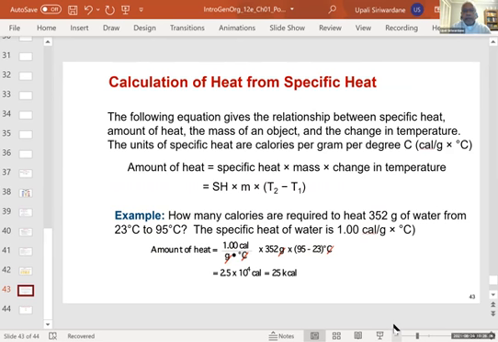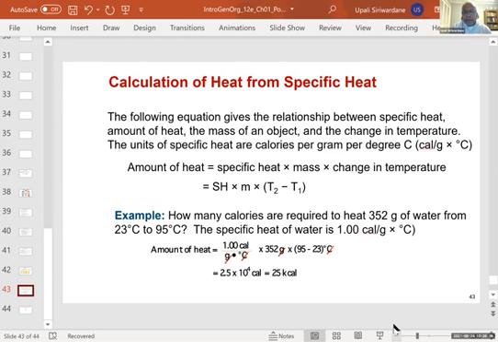Now you need to calculate heat absorbed or released by a certain object or matter. The following equation is used to calculate the amount of heat absorbed by a certain object. It's specific heat times mass times change in temperature, final minus initial temperature.